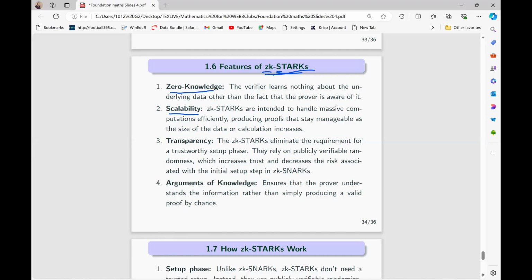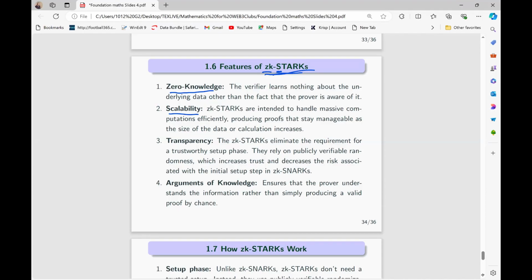And this one comes with this. So it can handle massive computations, and it can produce proofs of manageable size. And even if there are very many calculations, again, this one will still handle that.